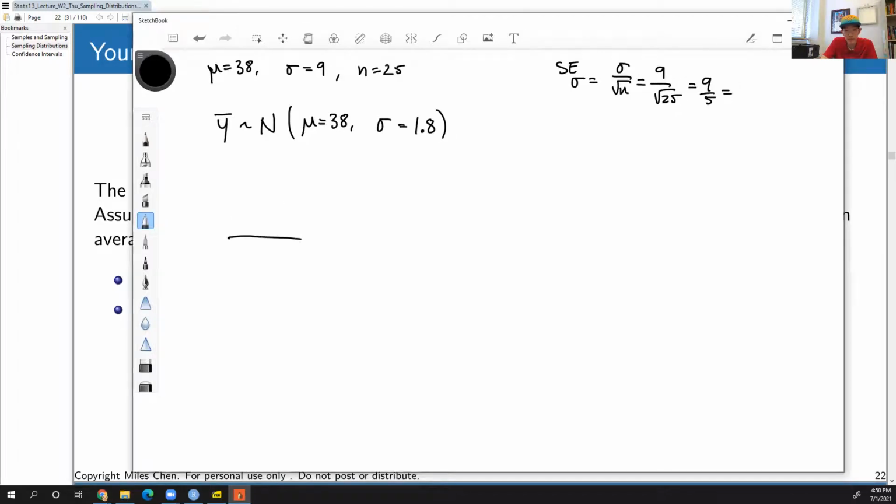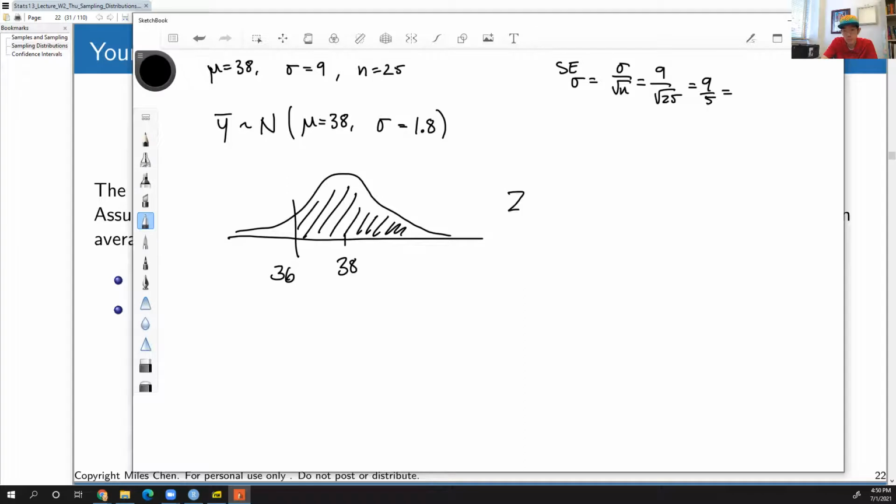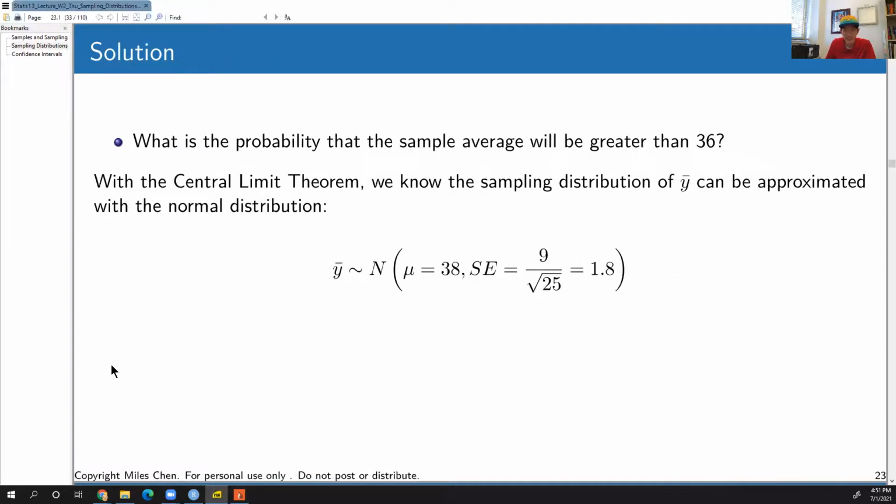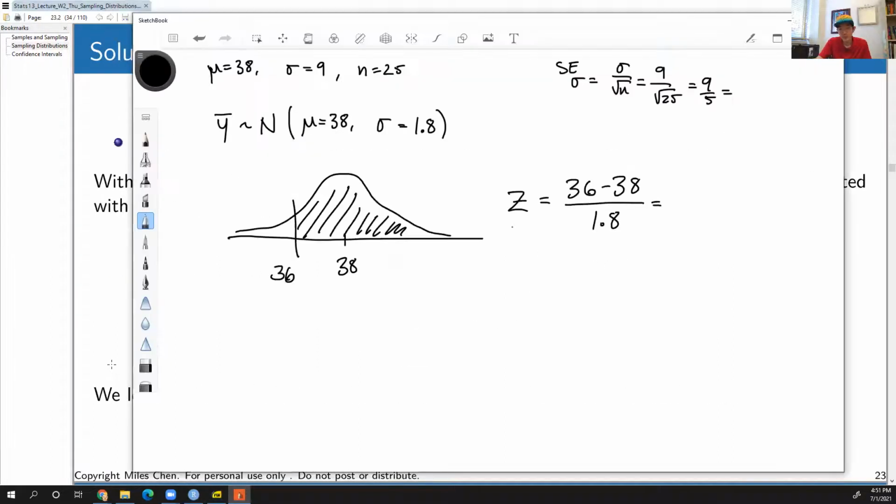Okay, so the mean is 38. We want to see 36 and greater. So the z-score is 36 minus 38 divided by 1.8, which is negative 1.11.